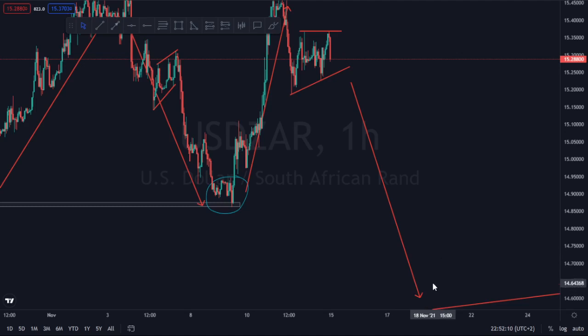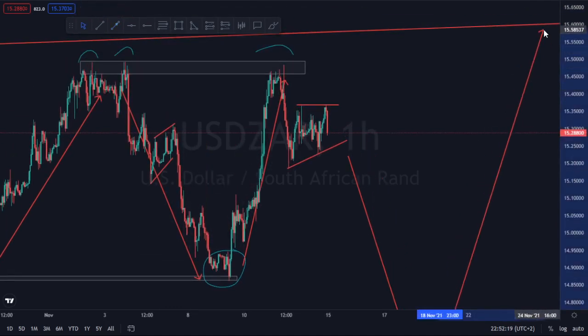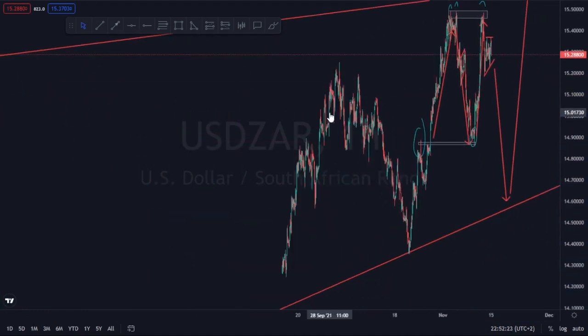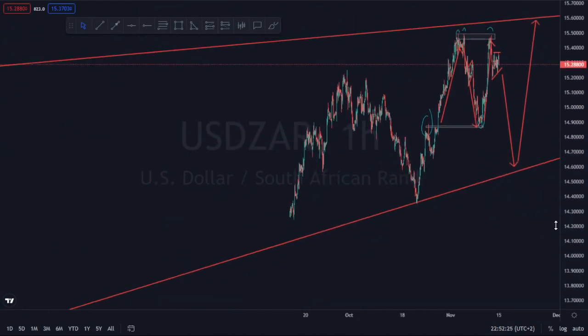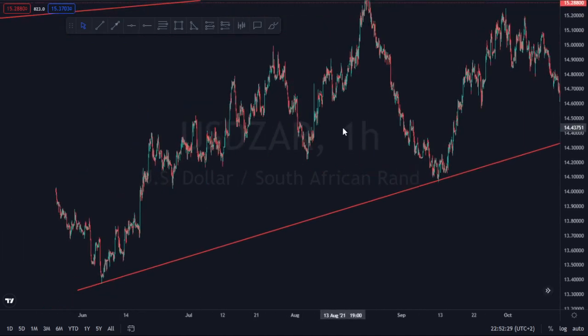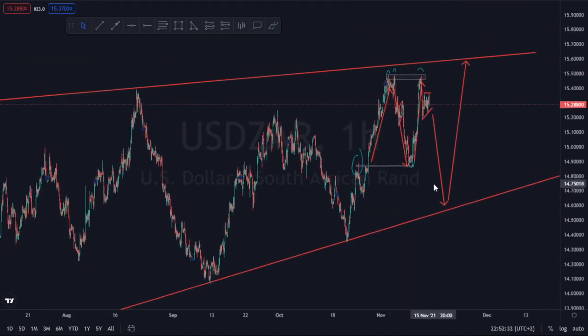And once price gets to these lows, I'll be looking for buys all the way to this high, because first touch, second touch, third touch, now it's gonna be the fourth touch.